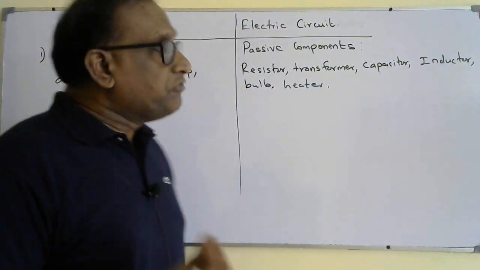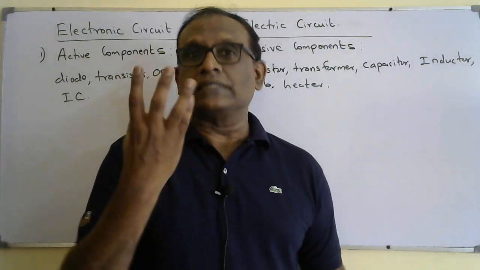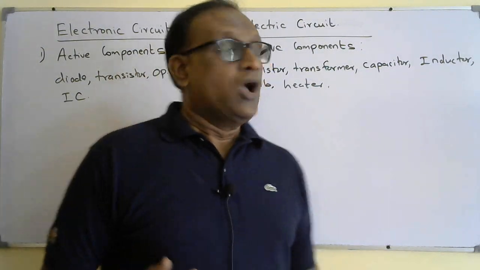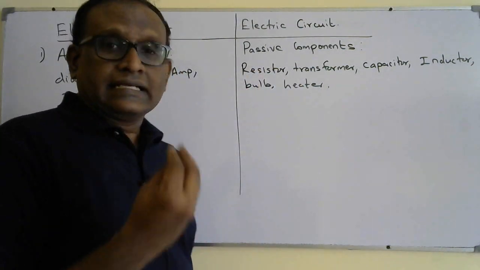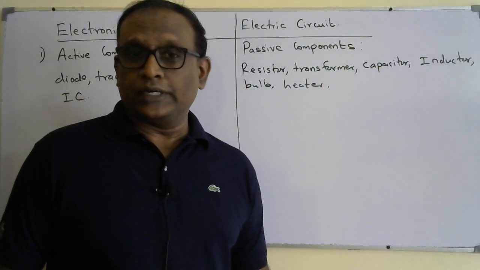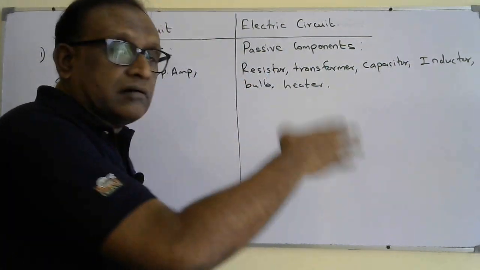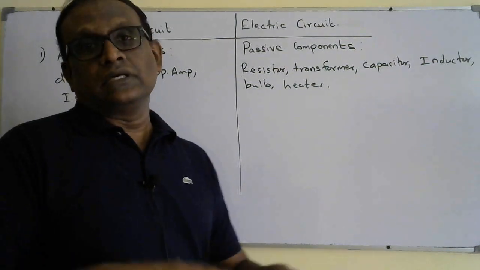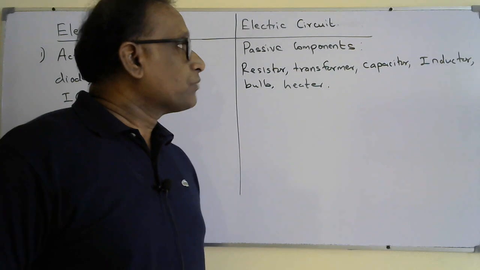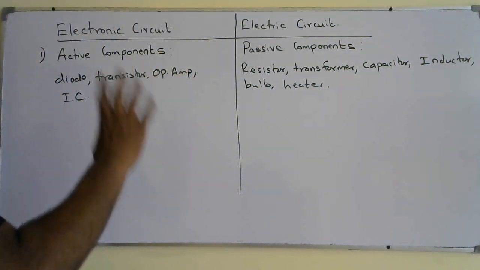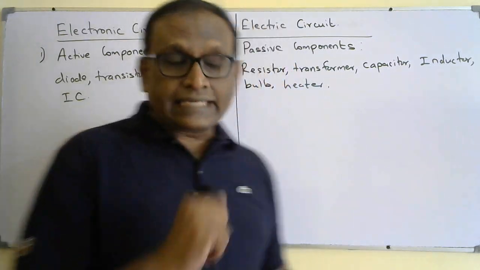For example, if you apply a lower current to a bulb, the bulb will emit light more dimly. If you apply a lower current to a heater, the heat produced will be lower. If you apply a larger current, the heater will produce more heat, or the bulb will emit brighter light. So passive components respond to the current flowing through them, but active components are not like that.